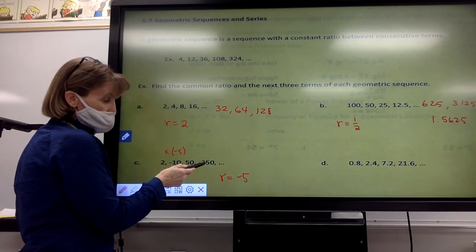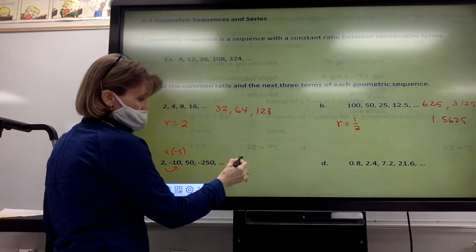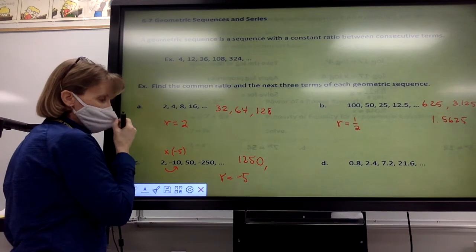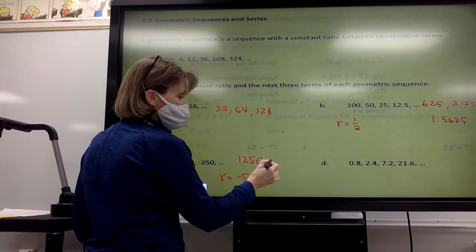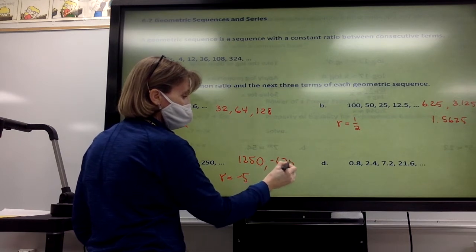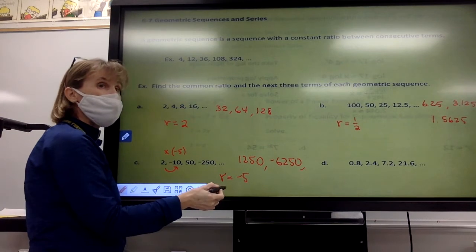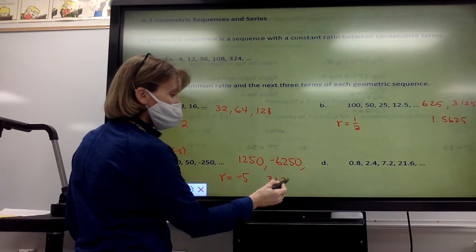If I take negative 250 times negative 5, I get 1,250, which is positive. Then times negative 5 again is negative 6,250. And when I multiply by a negative again, my last value is positive, 31,250.